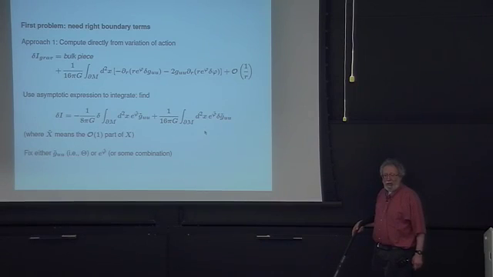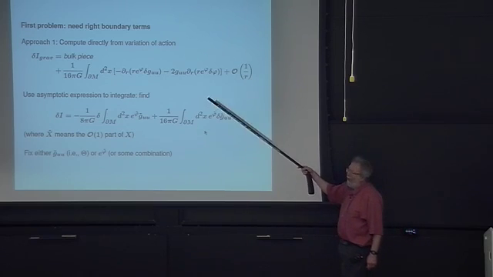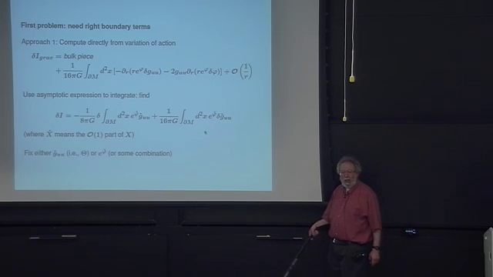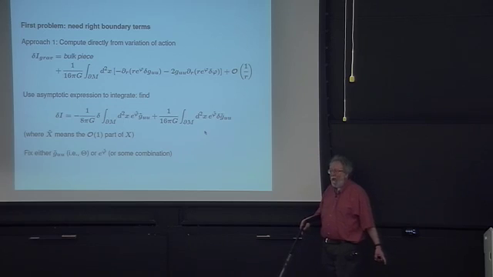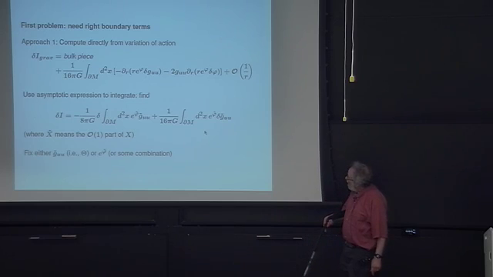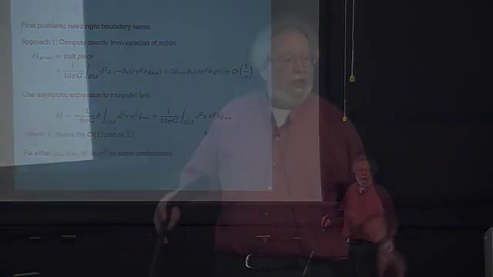The straightforward thing to do is to just compute the boundary term. That is, look at the variation of the ordinary Einstein action, expand in powers of 1 over r. We're taking a limit as r goes to infinity, and see what boundary terms come from integration by parts and have to get canceled off.